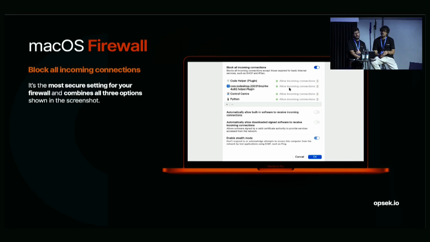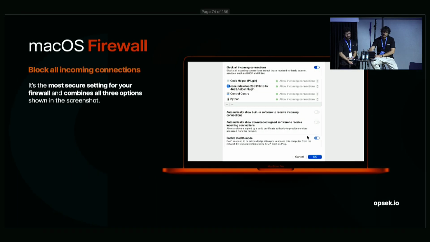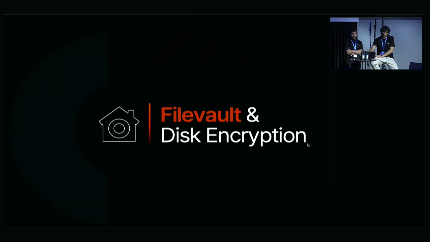And as we said, the weakest point of this firewall is that it's not protecting you from outgoing connections, and for that reason you would like to use Lulu at the same time. One more thing here is to select the option block all incoming connections, and select enable stealth mode. So you should have those two enabled.